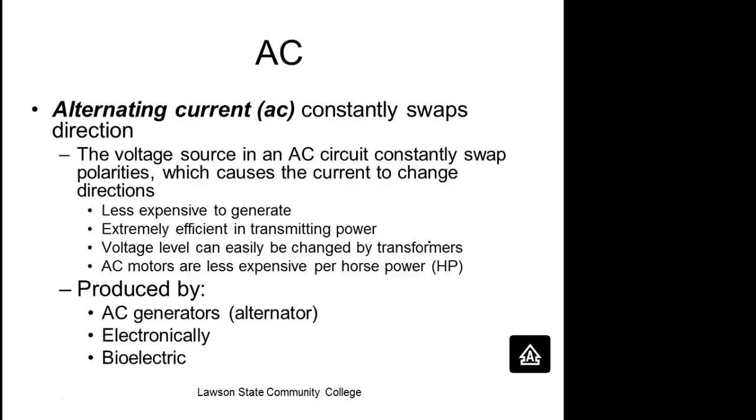We call it relative motion. Relative motion means you've got to have one that moves. You can move the magnetic field and leave your conductor stationary, or you can move the conductor and leave the magnet stationary.